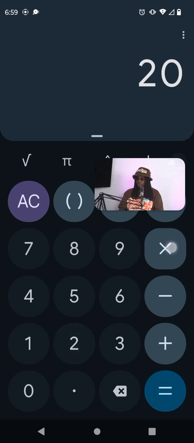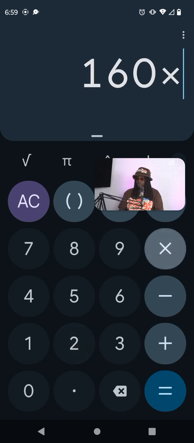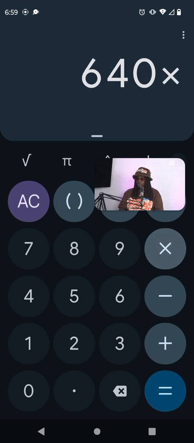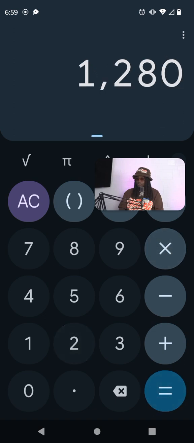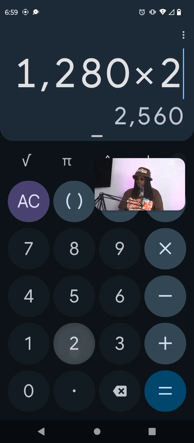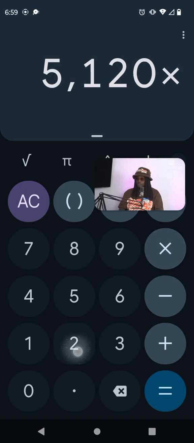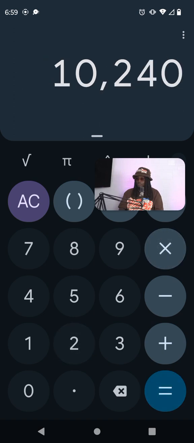So one wave 20, second wave 40, third wave 80, fourth wave 160, fifth wave 320, sixth wave 640, seventh wave 1280, eighth wave 2500, ninth wave 5120, and then the 10th time we'll make 10,000 from just scalping the 15-minute wave.